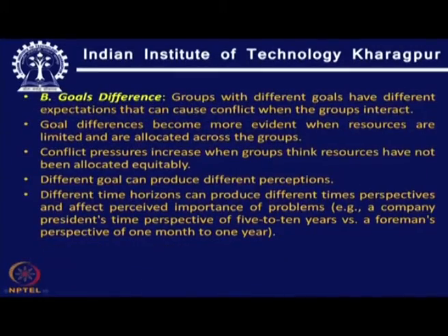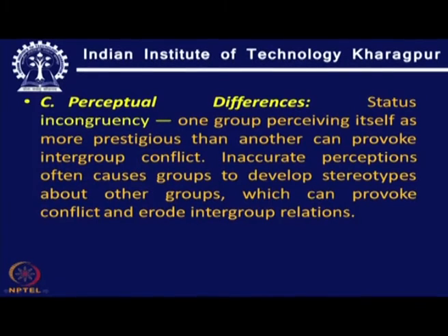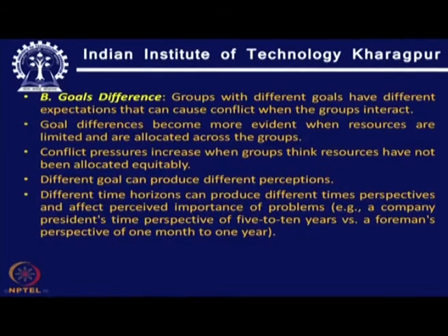Next we talk of goal difference. So, in goal difference, what happens is it occurs when two different goals have to be reached by the two groups, and they cause conflict when the groups interact.